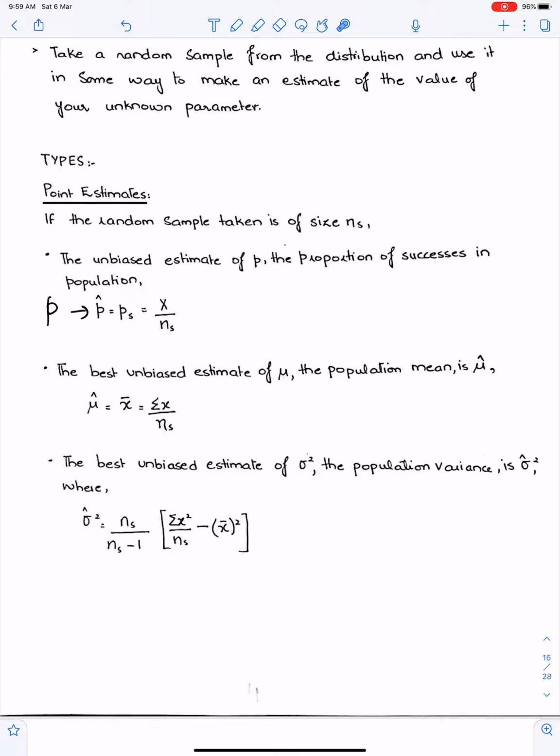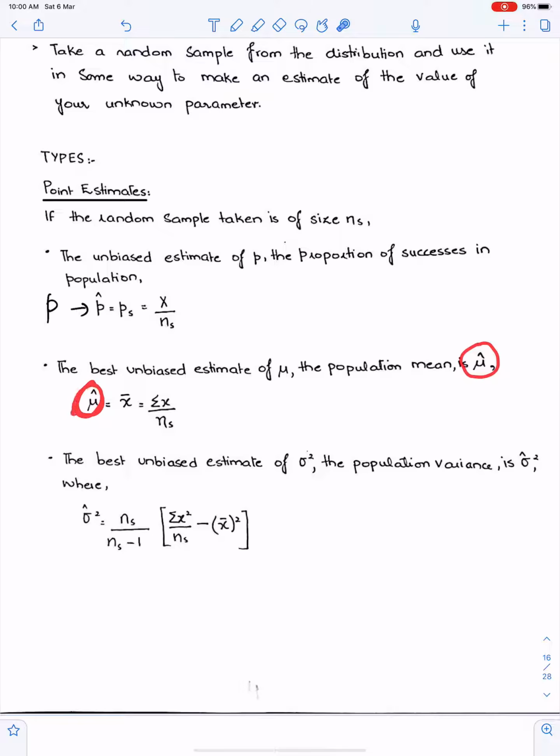Number two, when mu of normal distribution is unknown, the best unbiased estimate of mu, the population mean, is mu cap. Mu cap means the estimate of the population mean, and this is x bar, the sample mean.